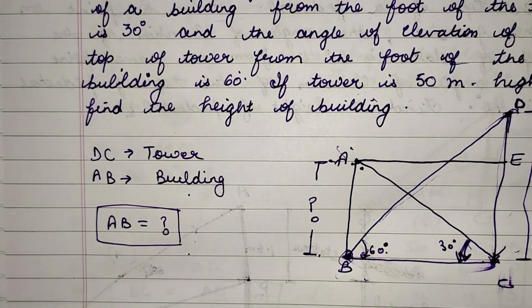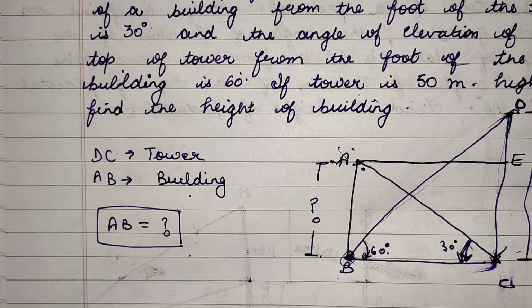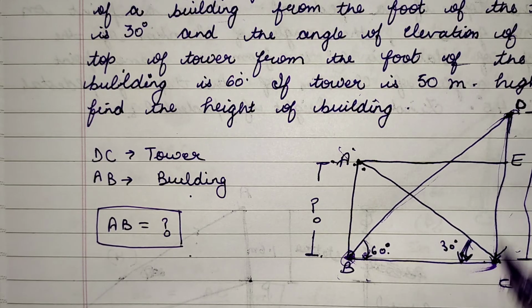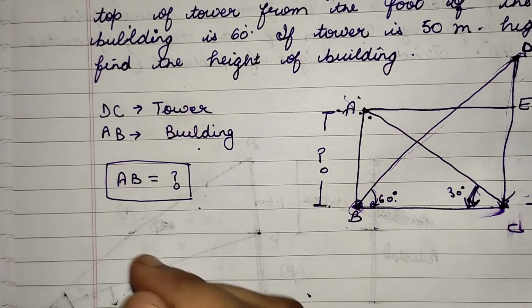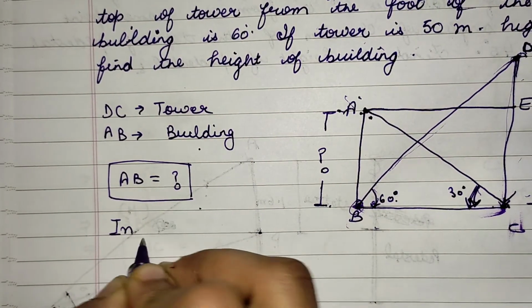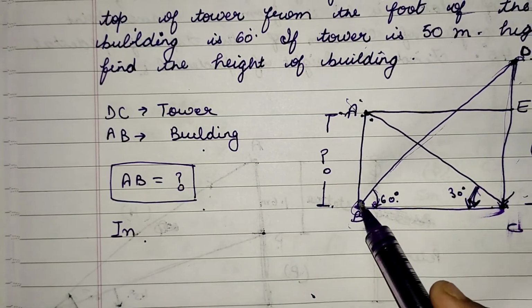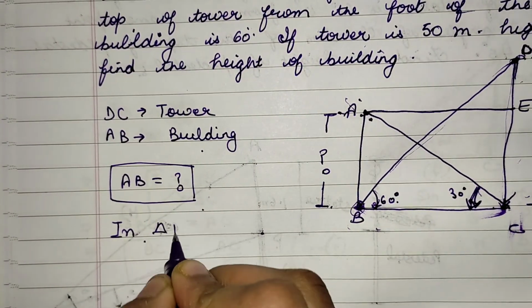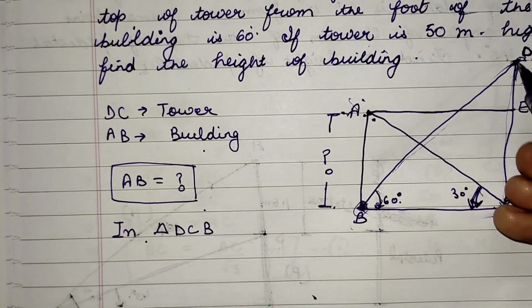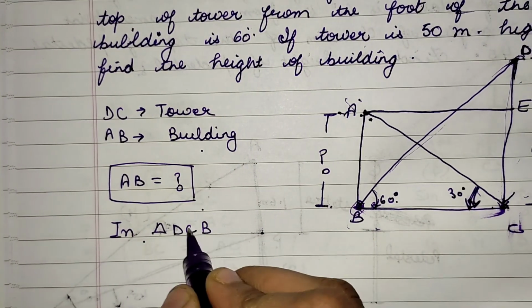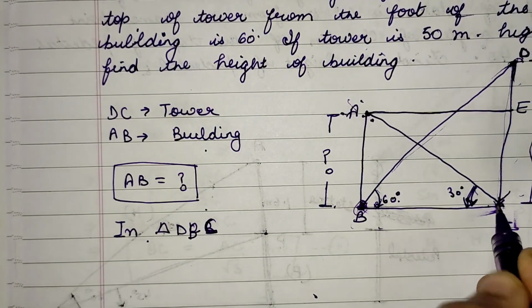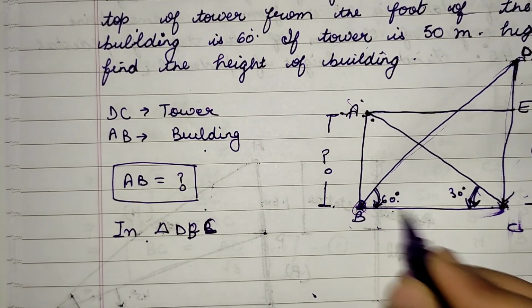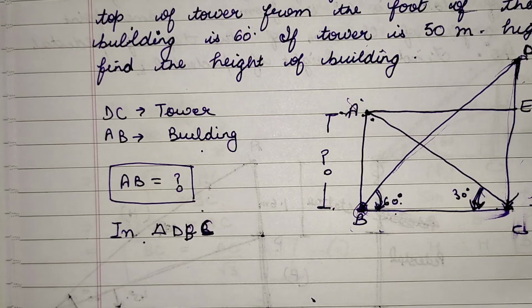Again I have to use the trigonometric ratio for both the triangles, then I will be able to find the required value. My first triangle is DBC. In triangle DBC, my angle is 60 degrees.